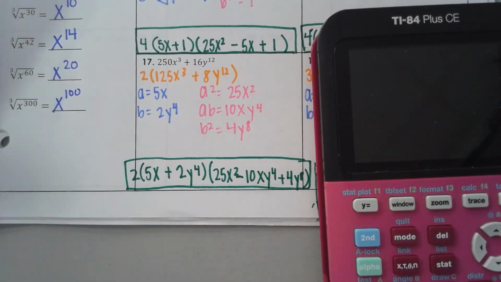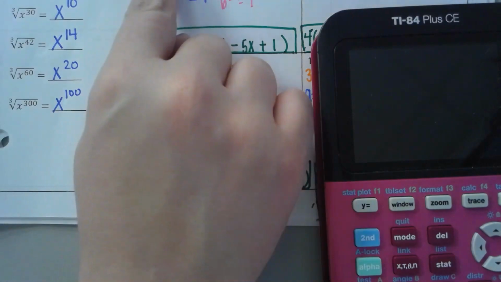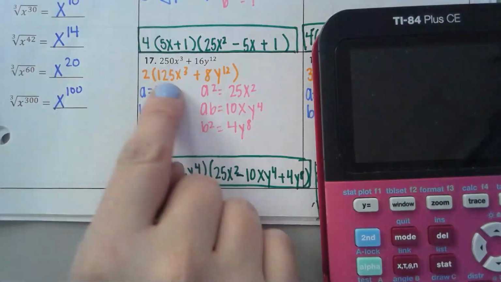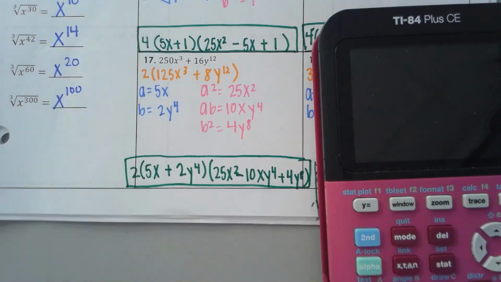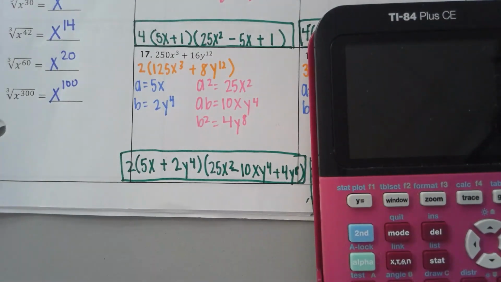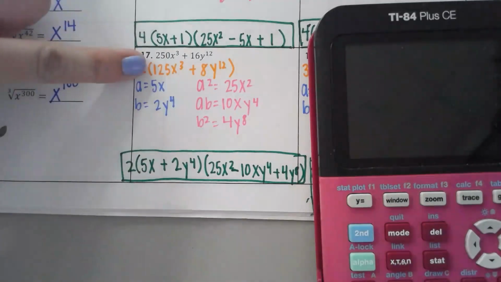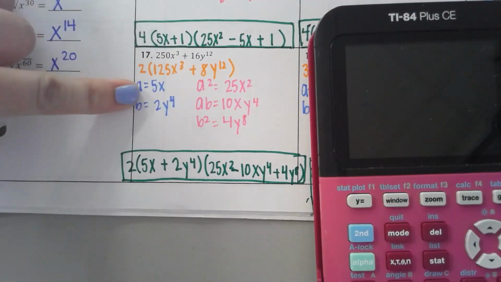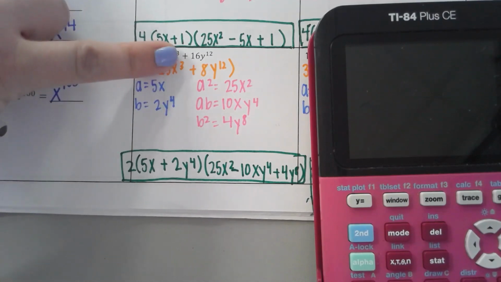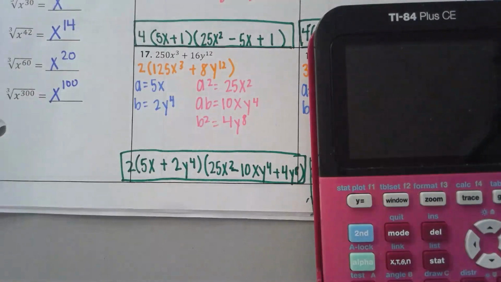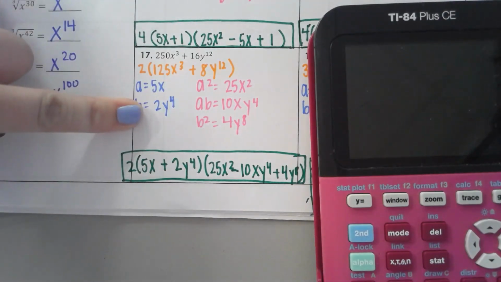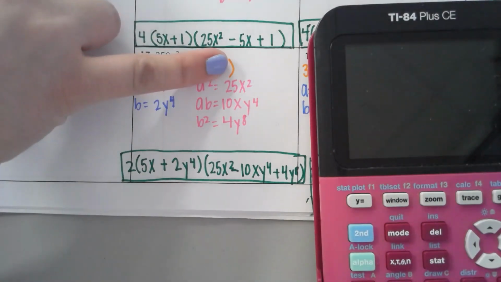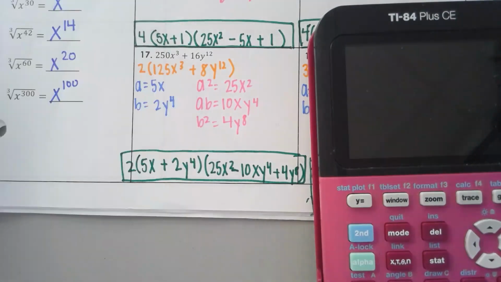Here's number 17. Had a GCF of 2. So that left you with 125x cubed plus 8y to the 12th. And so the cube root of 125 is 5. The cube root of x cubed is x, so 5x. The cube root of 8 is 2. And the cube root of y to the 12th, remember you divide by 3, so it'll be y to the 4th.